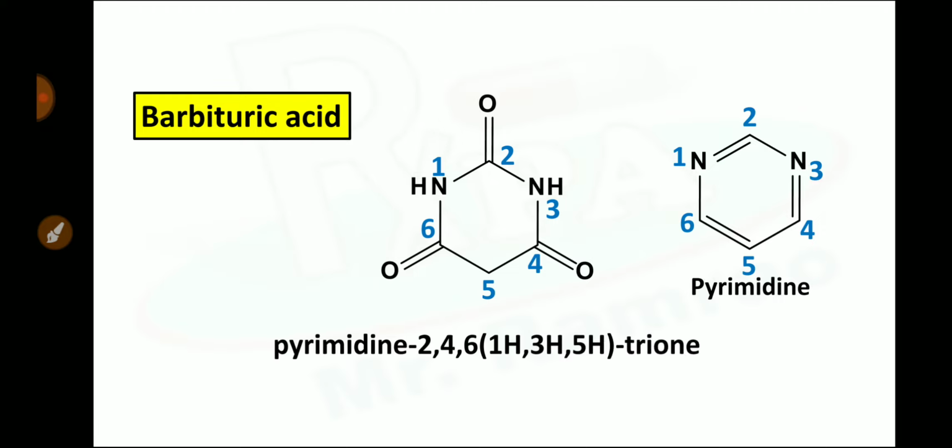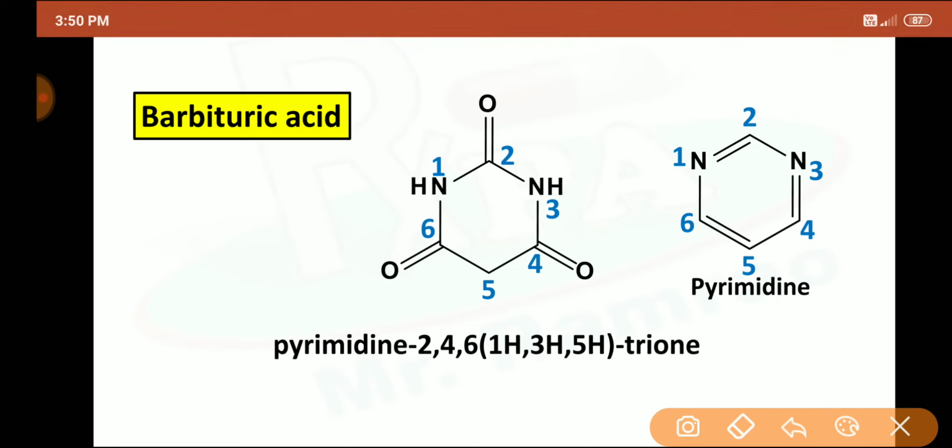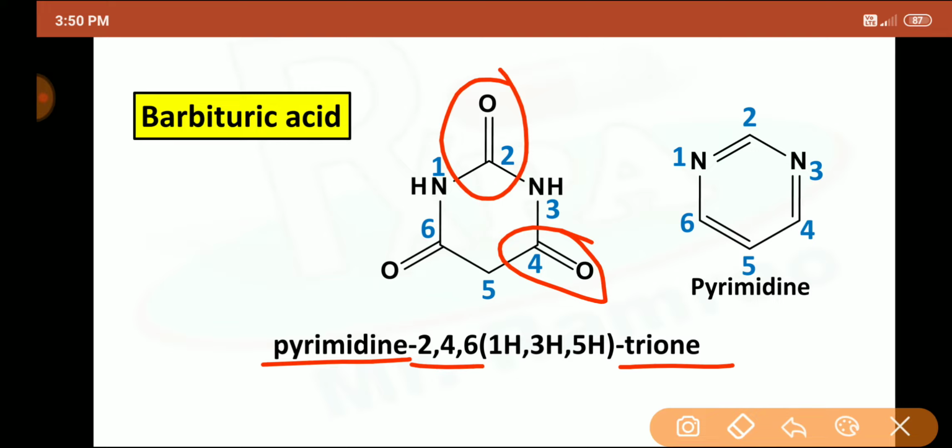Now we'll see how the IUPAC name of barbituric acid is given, so that you can easily draw other structures belonging to barbiturates and give their IUPAC names. Pyrimidine, because it is the reduced form of pyrimidine. 2,4,6-trione, because on the second, fourth and sixth positions ketone groups are there, therefore 2,4,6-trione.